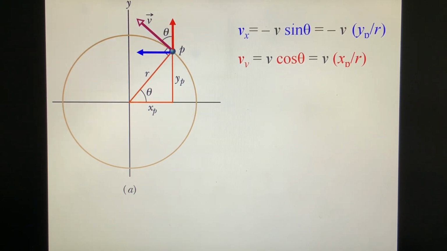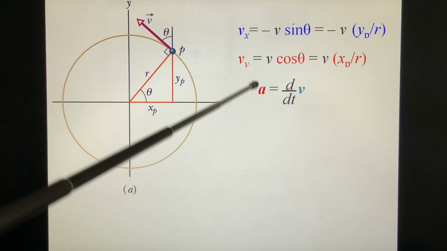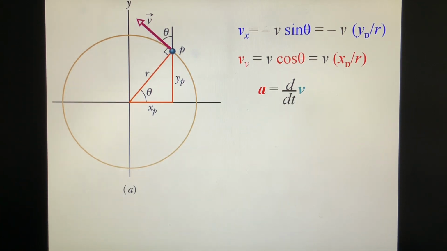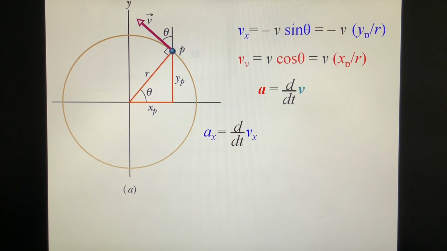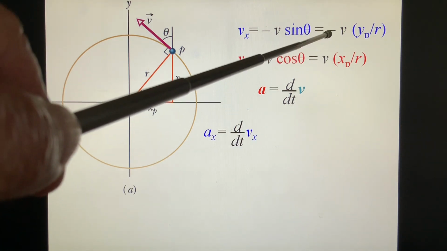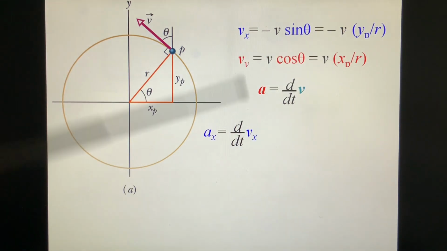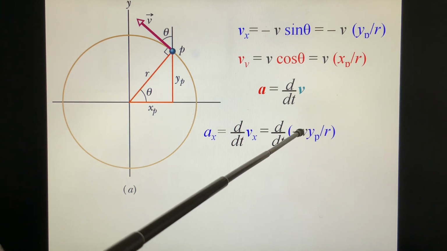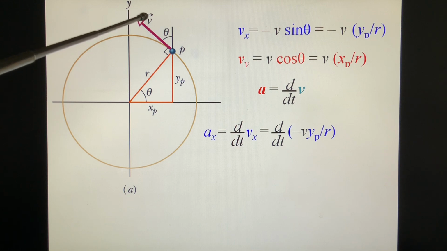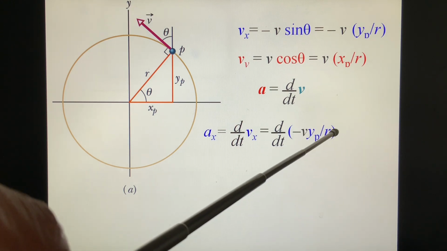Okay, this is V. Now let's look at A. A is dv/dt. So Ax is dvx/dt. We put this in: Vx is minus V yp over R. And we see that V, the speed, is constant. R is constant.